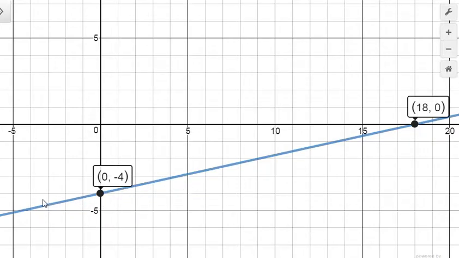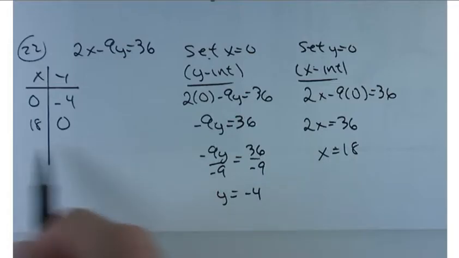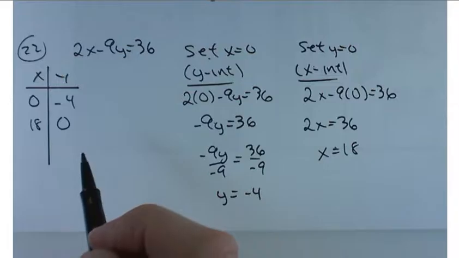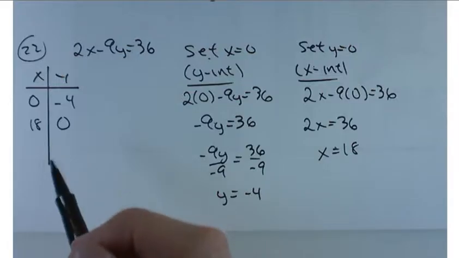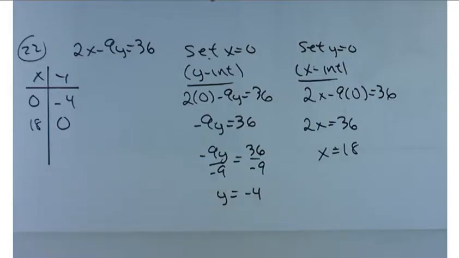So I'm going to ask you to graph, or at least find one more point. And for that, we're going to have to kind of think a little bit. This is where it gets a little bit more challenging to graph lines. I need to find one more point. What that means is choosing a value for x or choosing a value for y, and then figuring out the remaining coordinate. So does someone want to pick a value for x or a value for y?